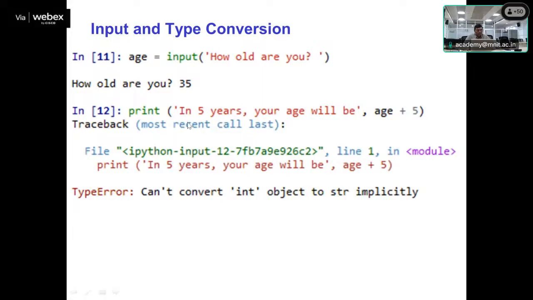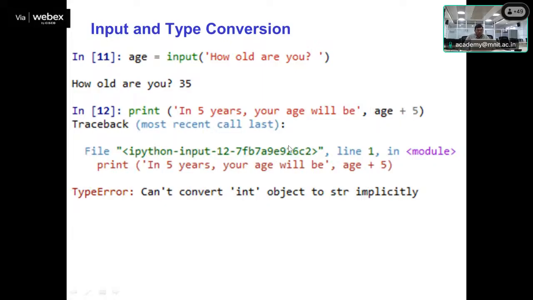So in case the input is given with the wrong type and we want to do an operation, say in this case we enter 35, 35 is going to be of string type. With this string value, we want to add some integer value. So this kind of addition operation cannot be possible.